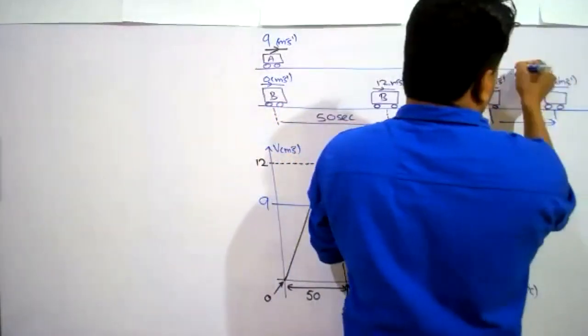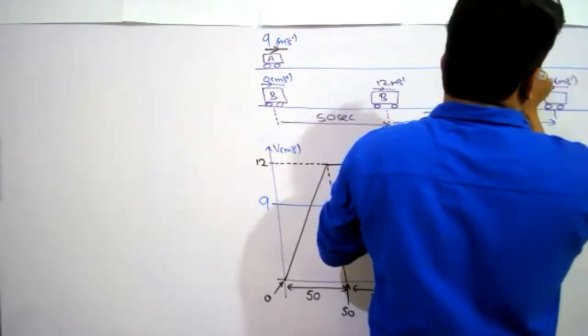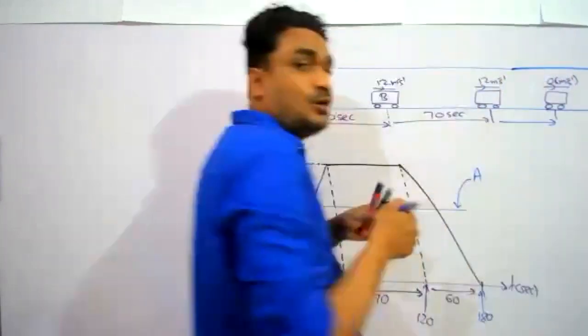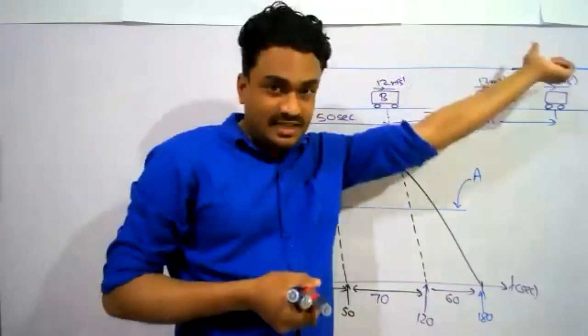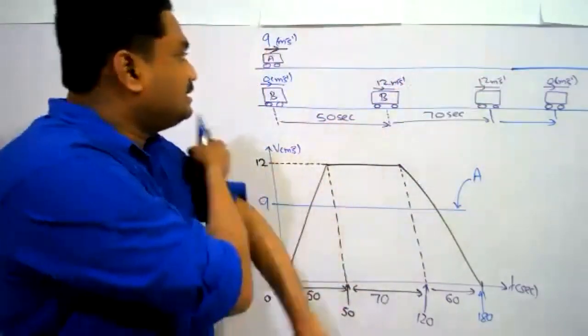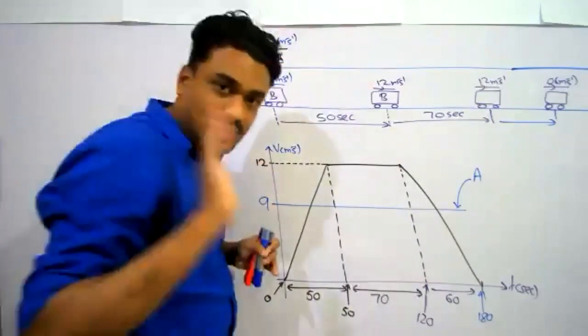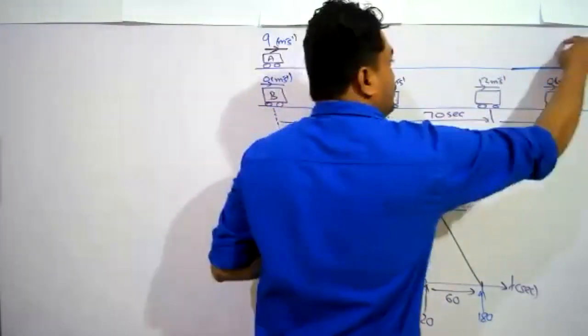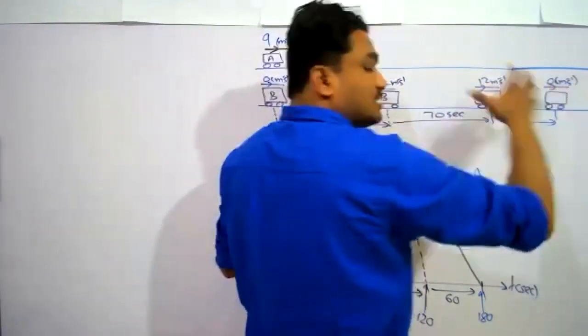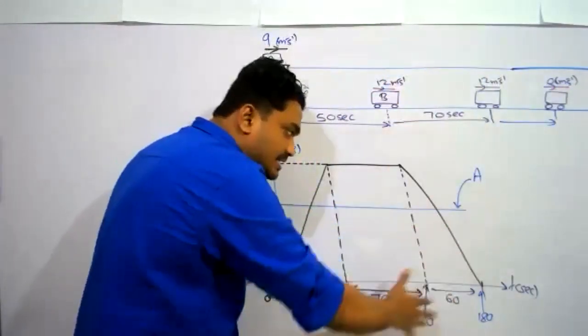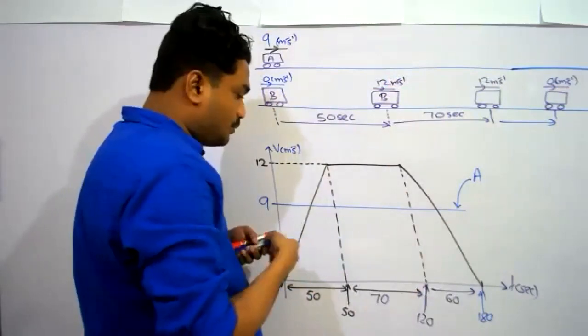I'm going to draw the positions of A after each and every time interval. I'm going to draw some figures here. I have drawn only the positions of B because that's the thing which is given in the graph properly.